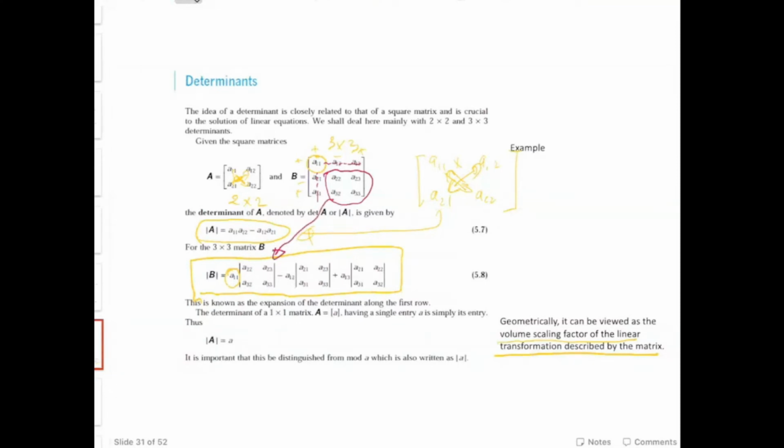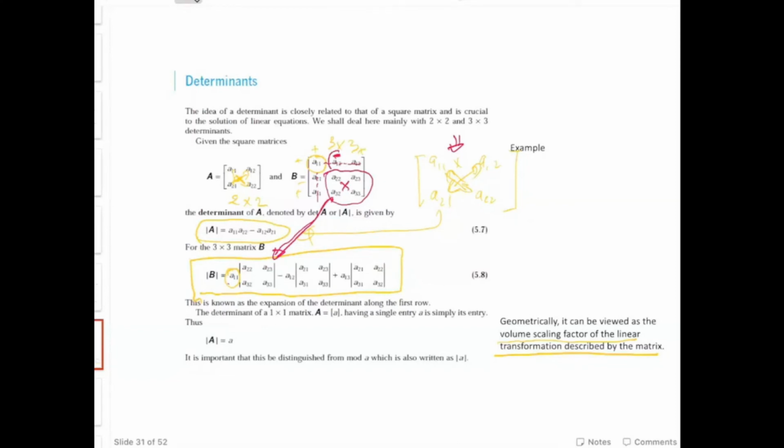So what we have computed in this matrix of 2 by 2 is then multiplied by the leading A11. So this is how to remember the computation of determinant instead of remembering all the formula, which is quite difficult.